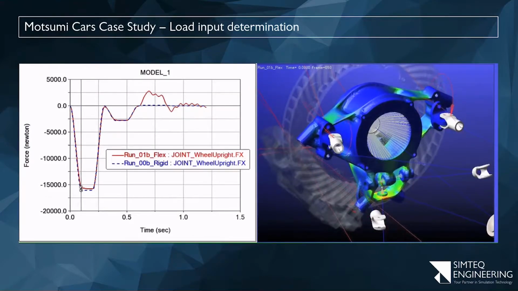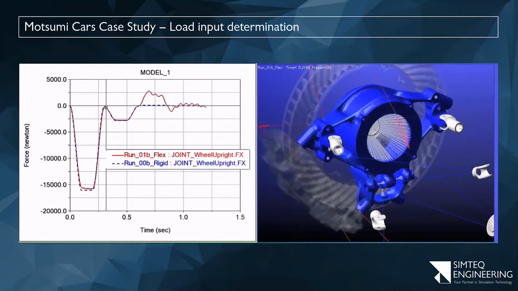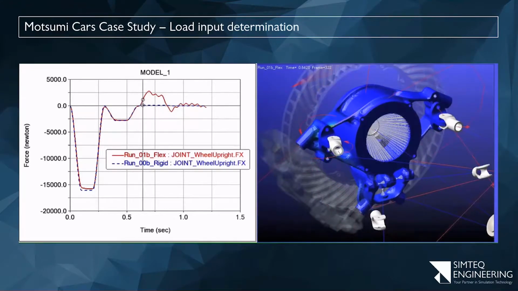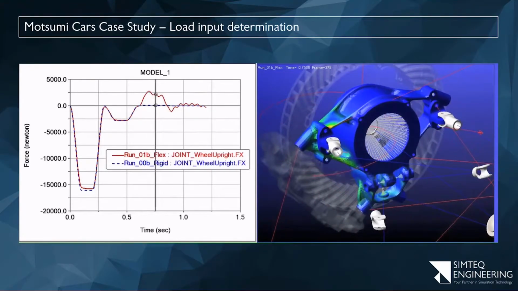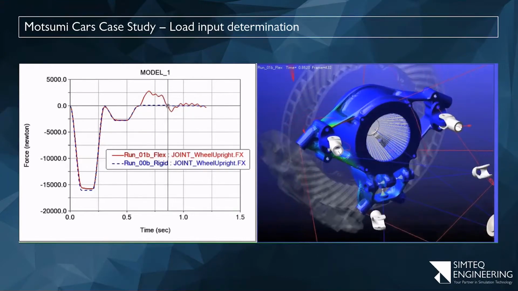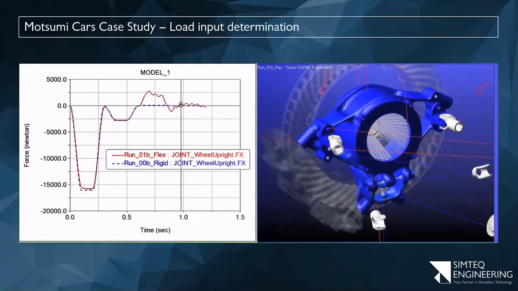So we used his initial design that he designed himself, added the flexibility of it and all the structural suspension members over here, and took the wheel through the different events. And from that, we extracted all the loads applied to all these interface points where the rest of his components have to interface with this part.